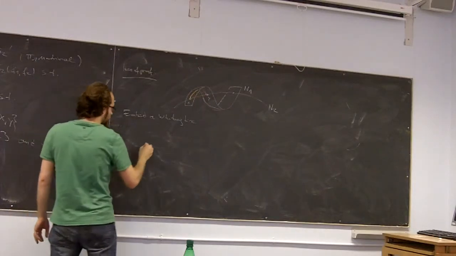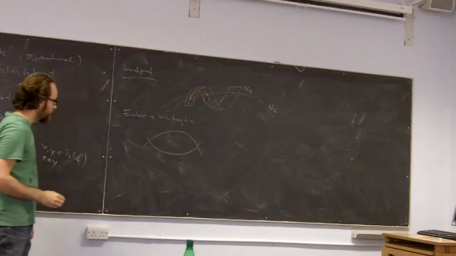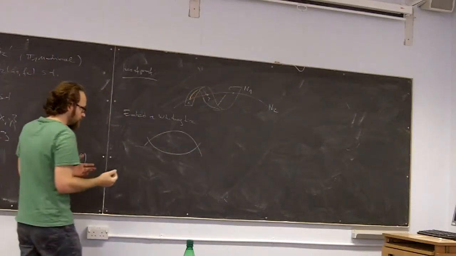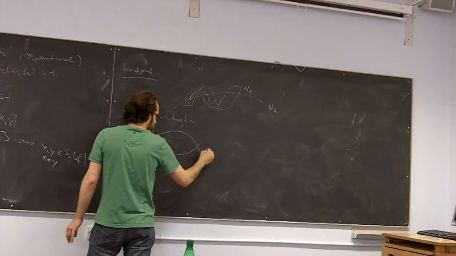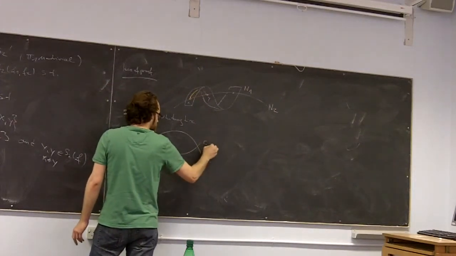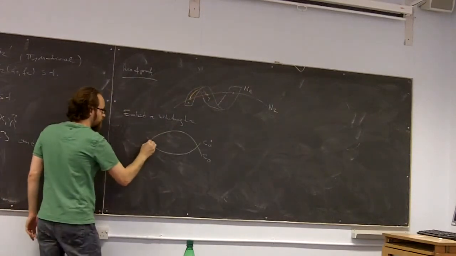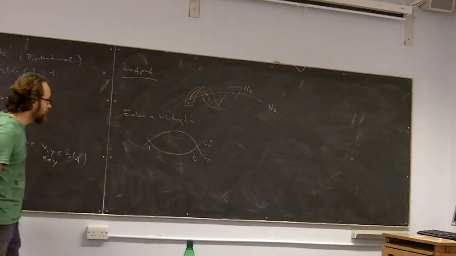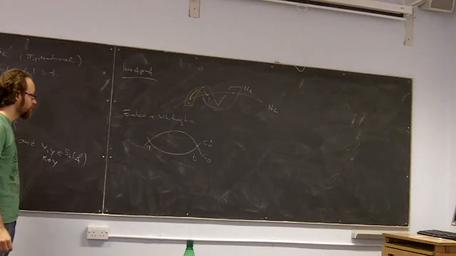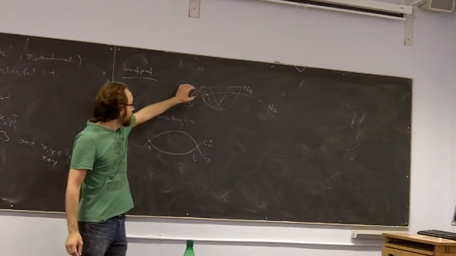So what I can certainly do is, if I start with two curves in R2, let me call this C naught, C naught prime. This is A, this is B. Well, I can find a smooth embedding of these two curves into this situation.